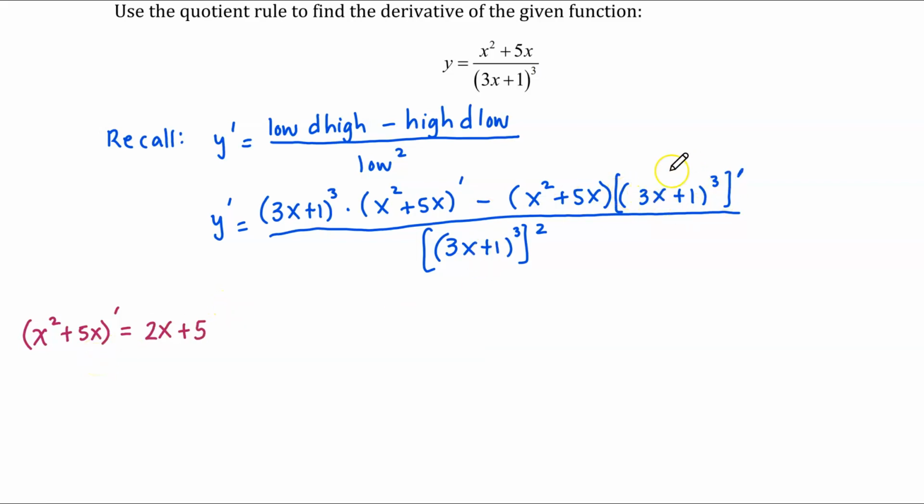And then next, we take the derivative of (3x plus 1) cubed. This is of the form u cubed, and the derivative of u cubed is 3u squared times u prime. So that means this is 3 times (3x plus 1) squared times the derivative of u, which is 3.